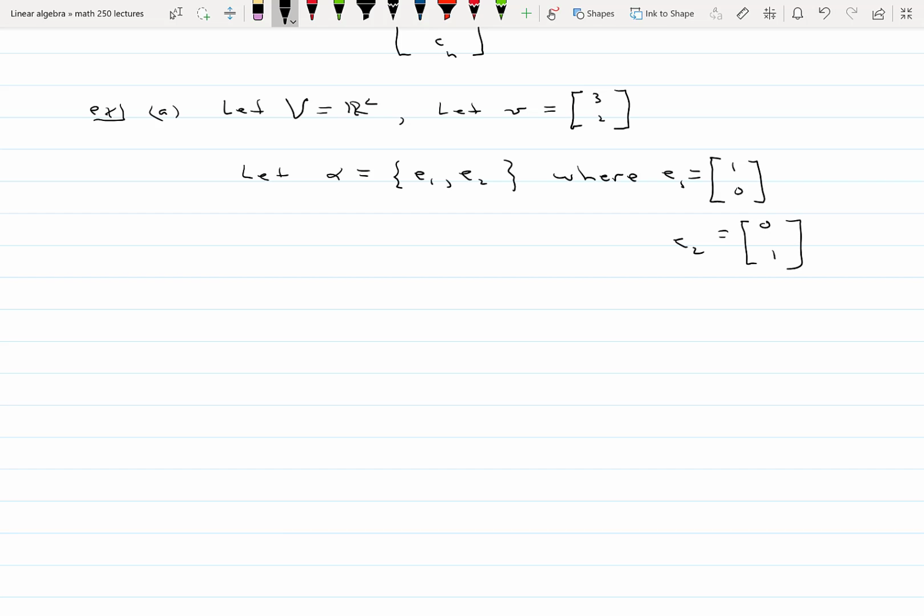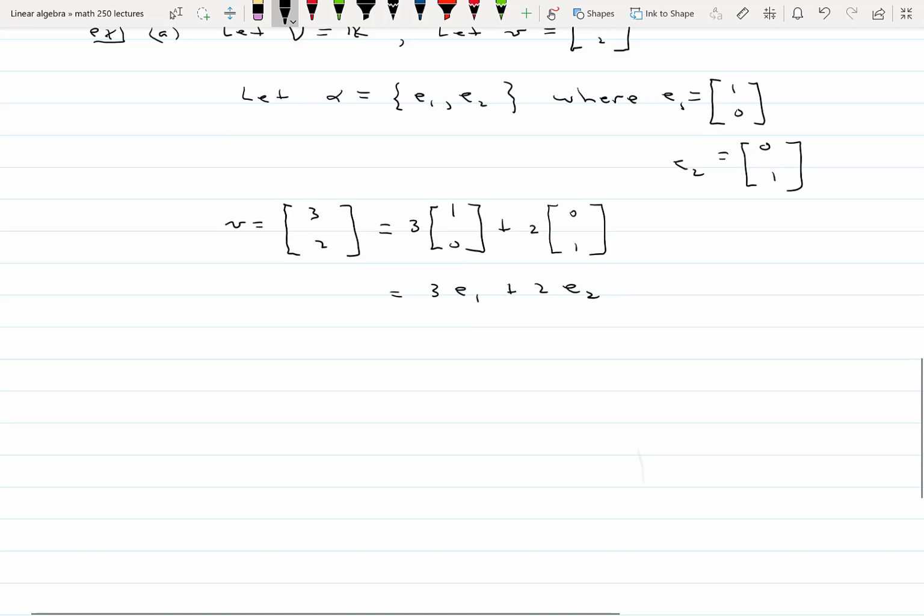Okay, so let's take that vector v again, vector 3, 2, and we can obviously write that as 3 times the vector 1, 0 plus 2 times the vector 0, 1, or 3 times e1 plus 2 times e2. This is very, very simple.